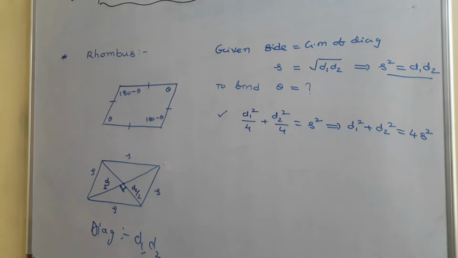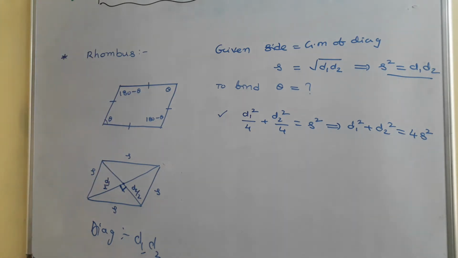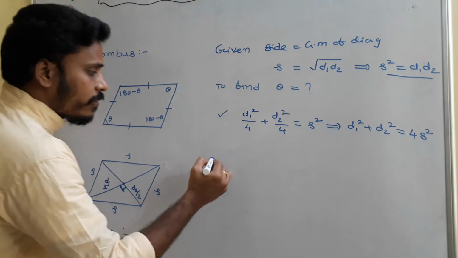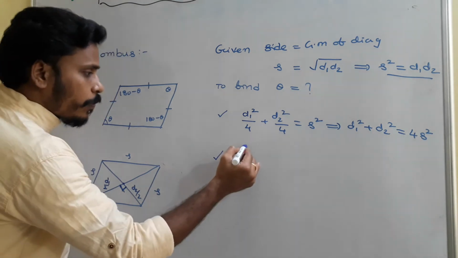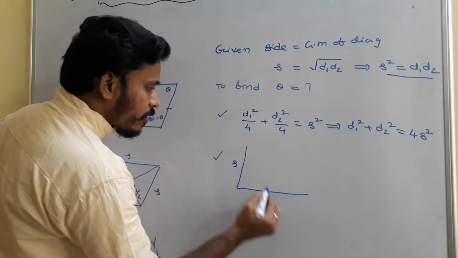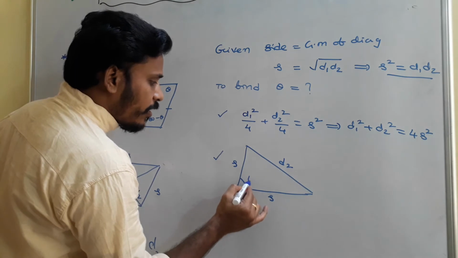Now we need to find the acute angle theta. How to find theta? Just think about that. To find theta, apply the cosine rule for different triangles. First, pay attention to this particular part. This is S, this is S, and this is D2, the second diagonal, and this angle is theta.